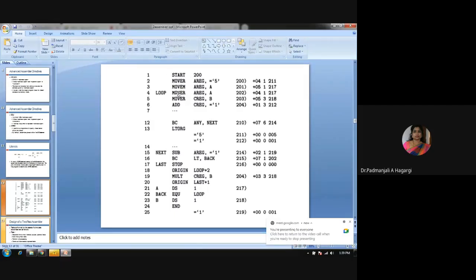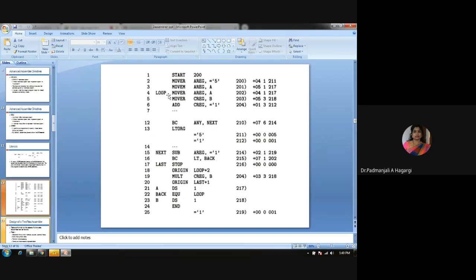And this assembly language program is code generated by the compiler, and the output from this compiler looks like this.